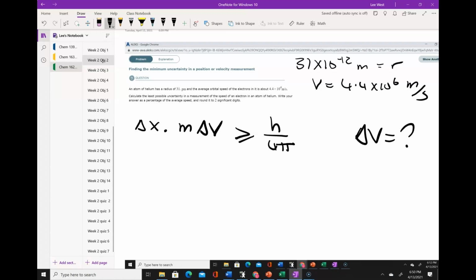All right? And then it says, write your answer as a percentage of the average speed. Okay? So we'll do that when we get there. So what have we got? An atom of helium has a radius of 31 picometers.